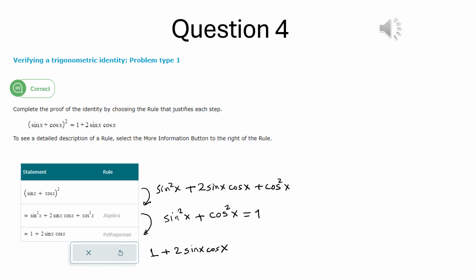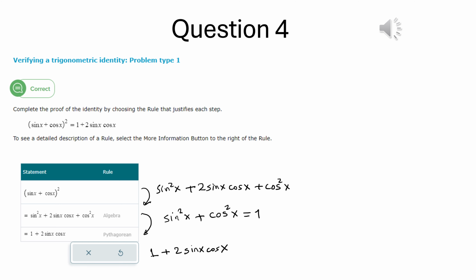Now, the next step, you apply the Pythagorean identity because sine squared plus cosine squared is 1. And you replace it, so it's only 1 plus 2 times sine x cosine x, which is exactly the same as the right hand side term.